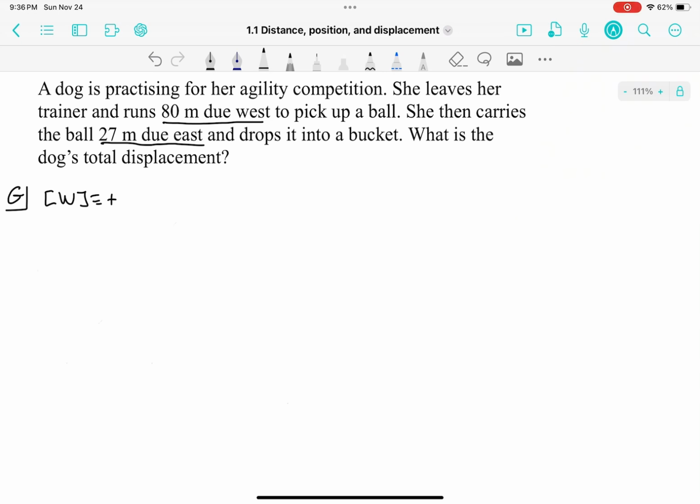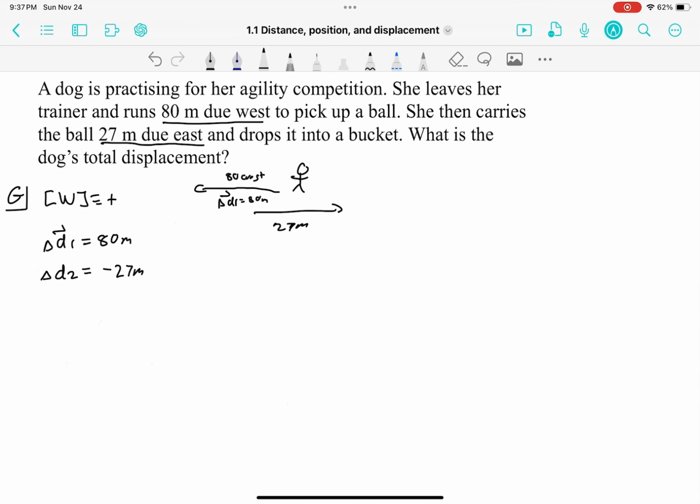So we know that this is the trainer. The dog runs 80 meters west. So her first delta D1 is going to equal 80 meters. And then the dog runs this way, so then it runs 27 meters. So we can go delta D1 vector is equal to 80 meters, and delta D2 is equal to negative 27 meters.